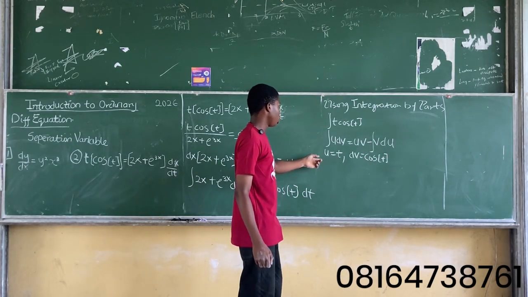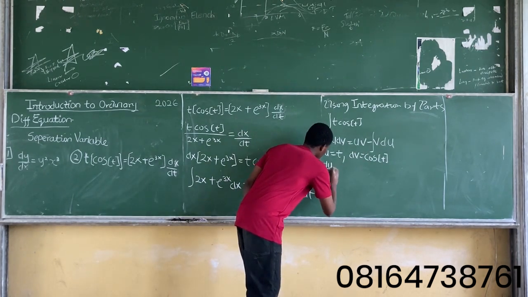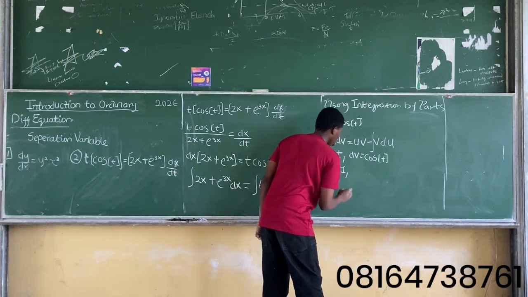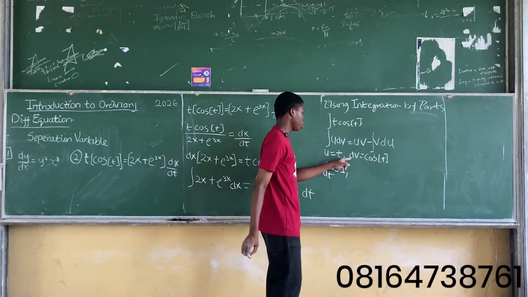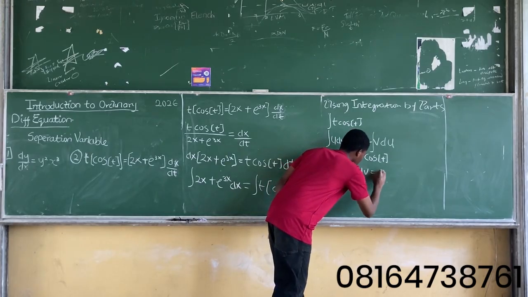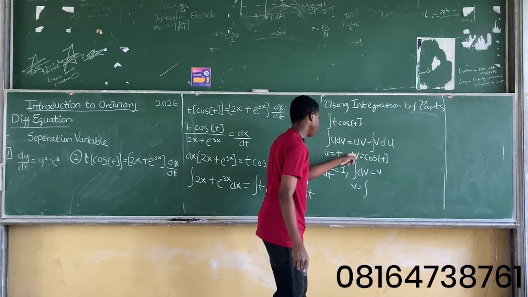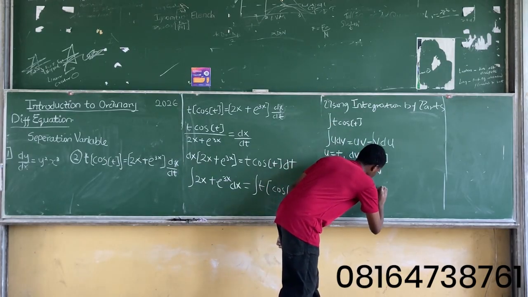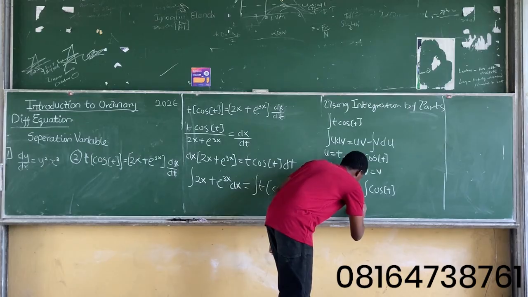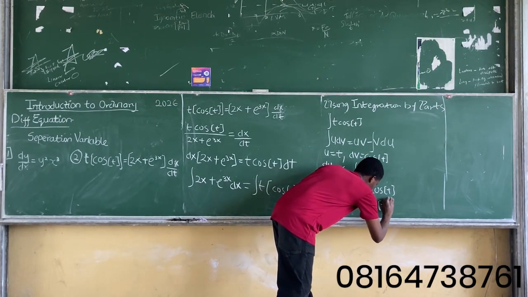So we are going to differentiate u to get du, so du over dt is equal to 1, and we integrate dv to get v. So v is going to be the integral of cos t, which gives us v is equal to sine t.